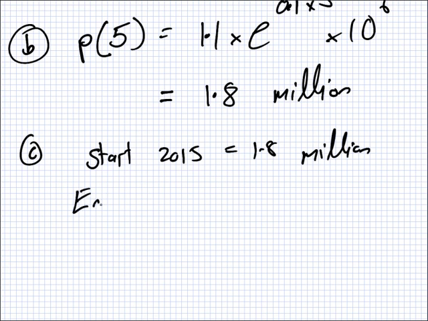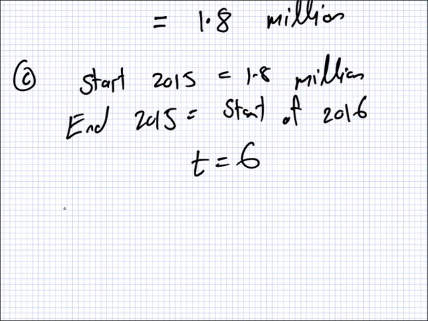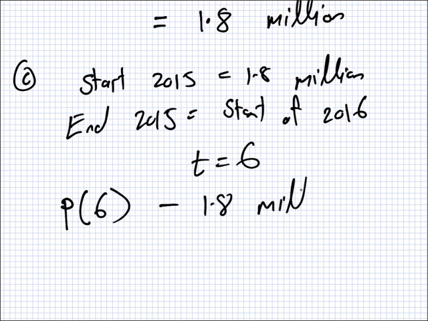Now, the end of 2015 is more or less the same thing as the start of 2016, which means that T needs to equal 6. But if you didn't use T as 6, if you use something like 5.999 or whatever, that's fine too. So you do the population at 6 minus 1.8 million.